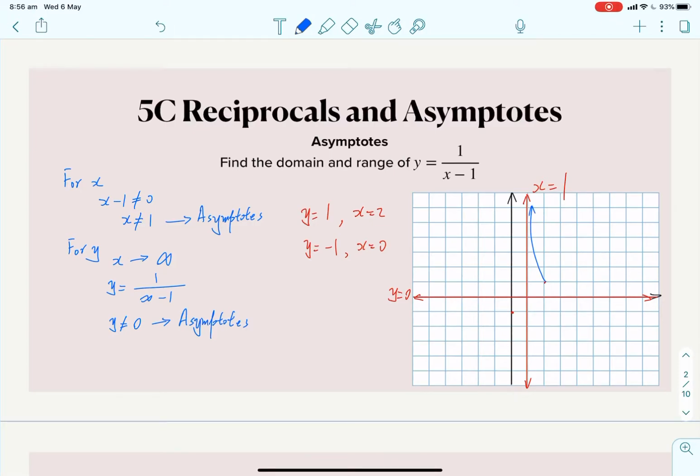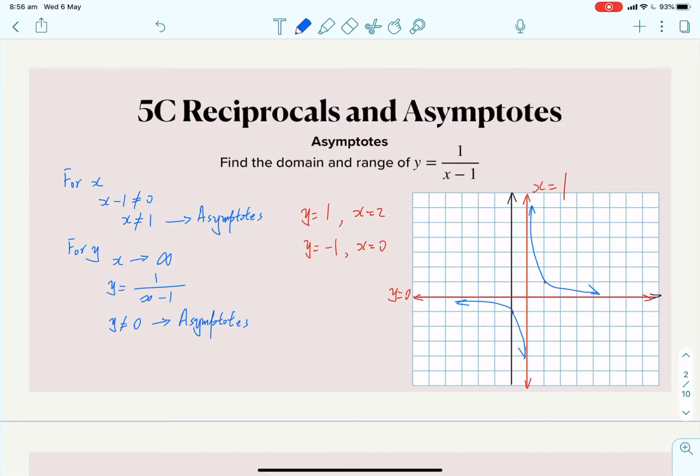And then on the outside it is going to curve towards the x-axis, but doesn't touch the line. That's what a hyperbola looks like, and this way is like that too. It's going to get really close to the asymptote, but don't touch it. And this way as well. Okay, that's how we draw that graph.